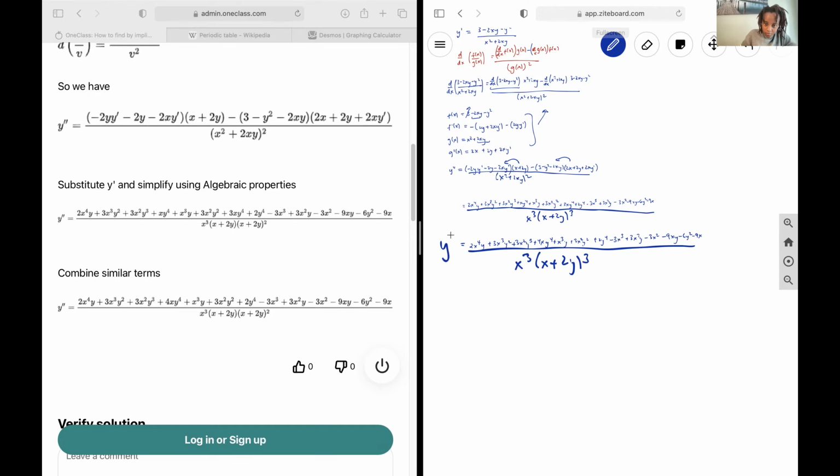And this is going to be your final answer for the second derivative. And so it's a bit long and messy, but if you just write out all of these parts on the side and ensure that you get to the right part here, and then multiply correctly and collect the like terms, you should get the correct answer.